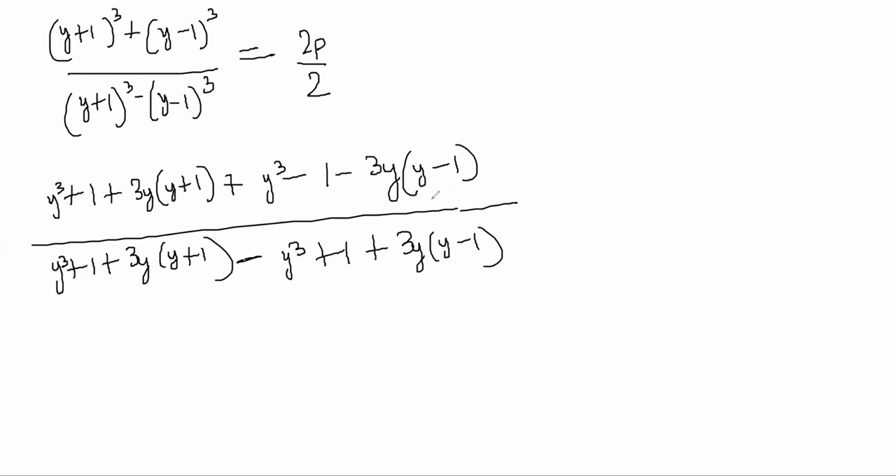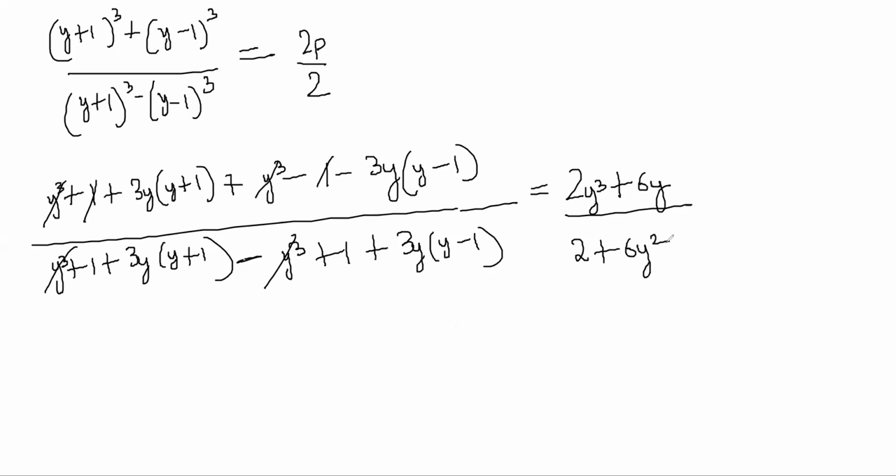So on top, the 1 cancels, this whole thing does not cancel. So this is 2y cube. 3y square minus 3y square cancels. 3y and plus 3y, so plus 6y, right? And in the denominator this cancels, 2 plus 3y square plus 3y square, so plus 6y square, minus 3y and plus 3y cancels, right?